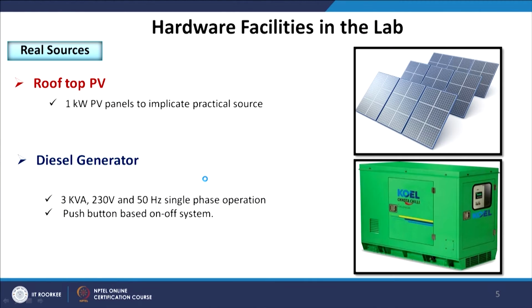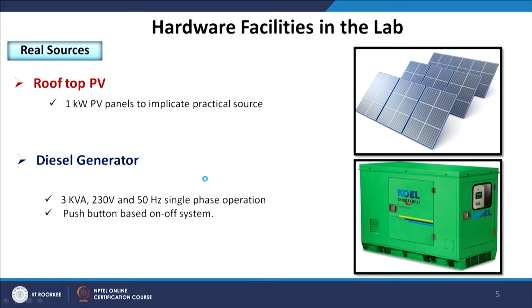As a whole, the PV is 4 kilowatt and the wind is 2.2, and at this moment they have been connected to the test bed. Then we have also connected a real PV rooftop of 1 kilowatt, and we also have a diesel generator of 3 kVA capacity, single phase and push button type.